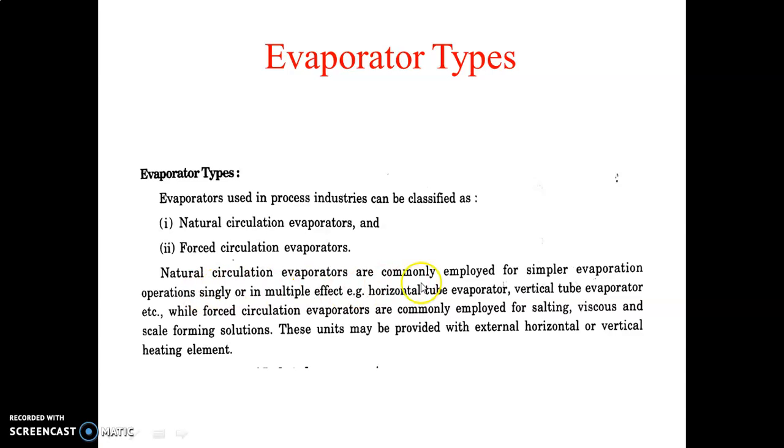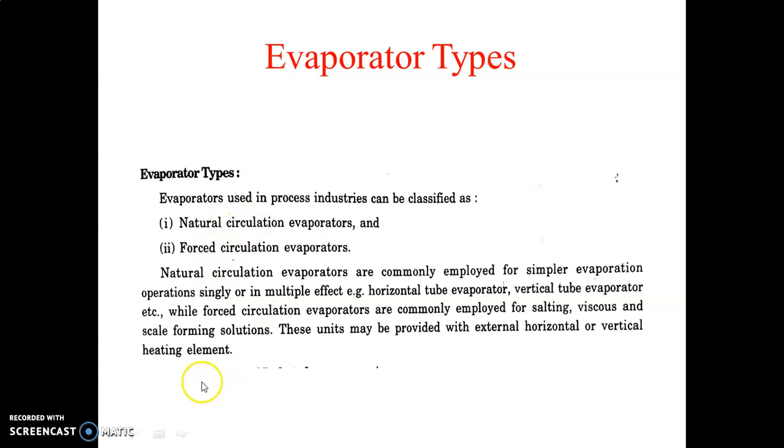Natural circulation evaporators are generally used for simple evaporation operations, like the horizontal tube evaporator, as it is sometimes called. There is another type known as the vertical tube evaporator. Okay. So this is the natural circulation evaporator.